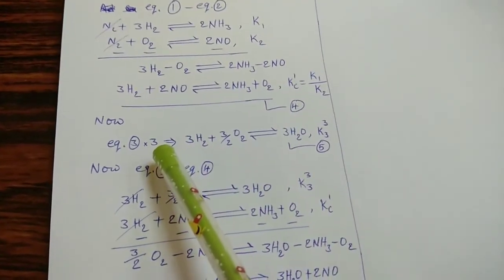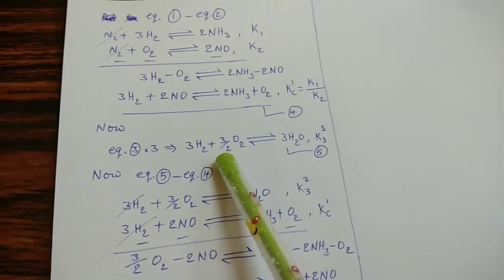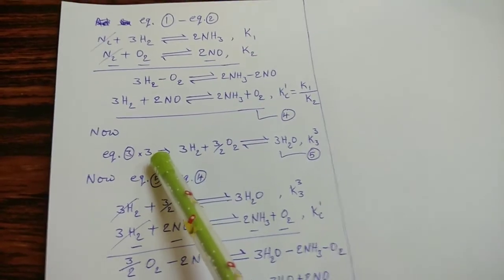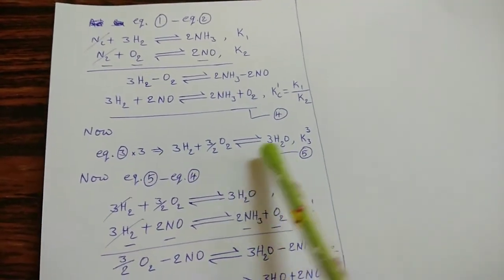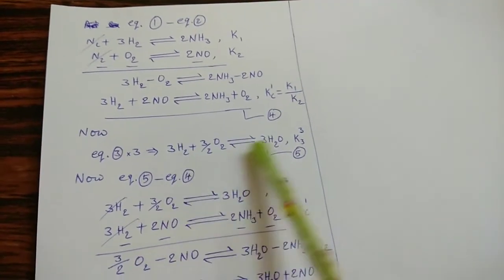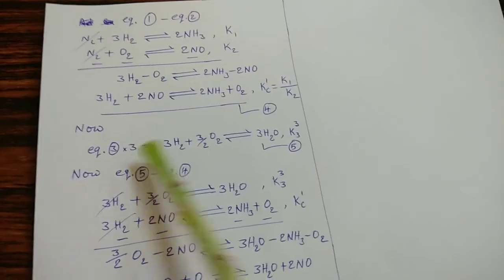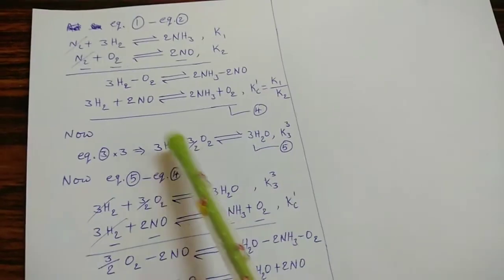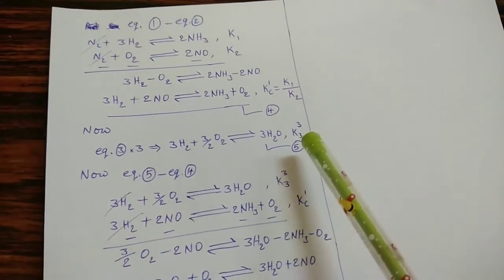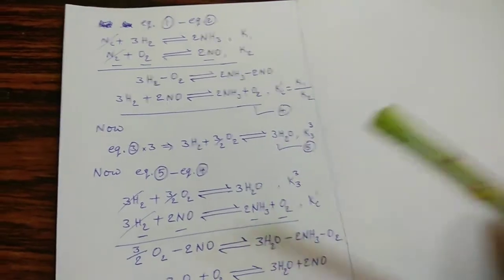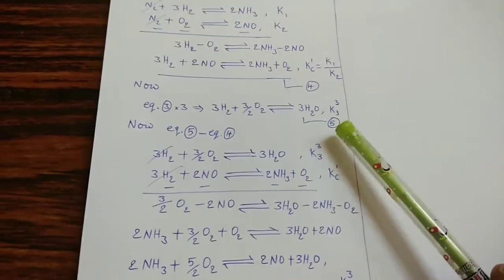So the equation 3 is multiplied by the number 3. That's why the equilibrium constant of this reaction is K3 power 3. Suppose the equation is multiplied by 2, here K3 power 2. Here multiplied by 3, so the equilibrium constant is K3 power 3. Let it be equation 5.